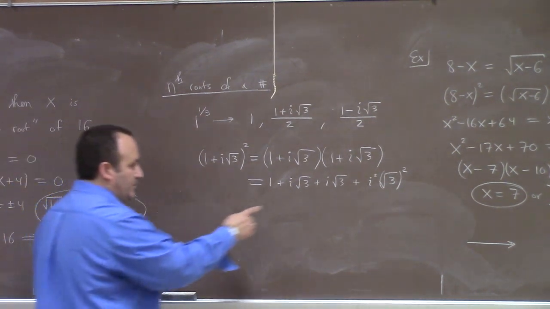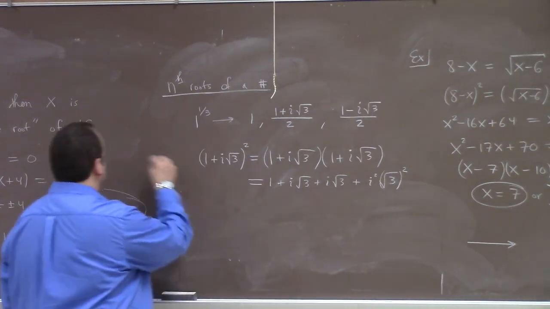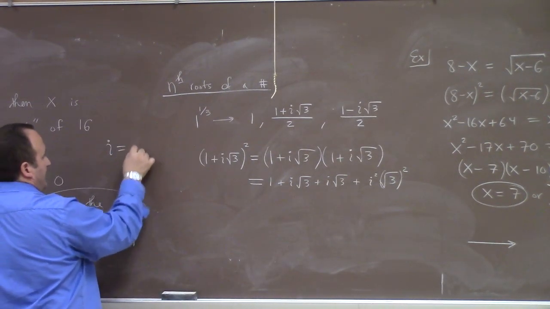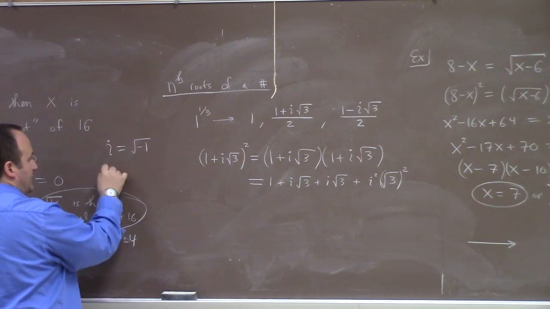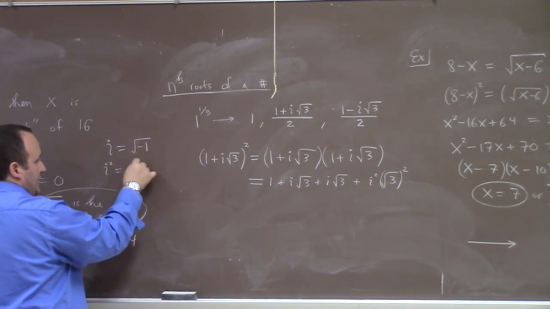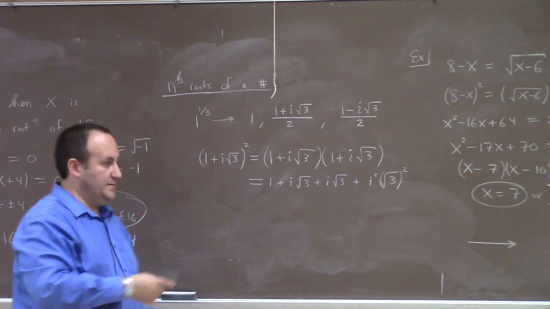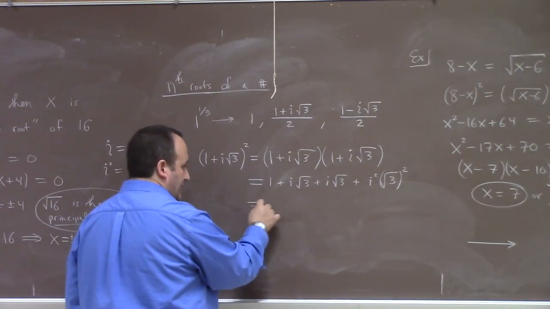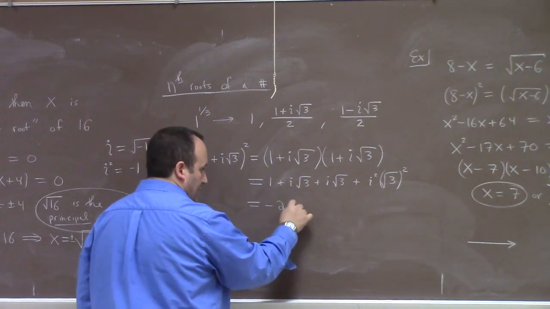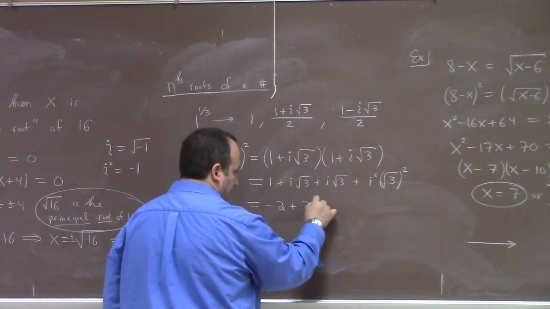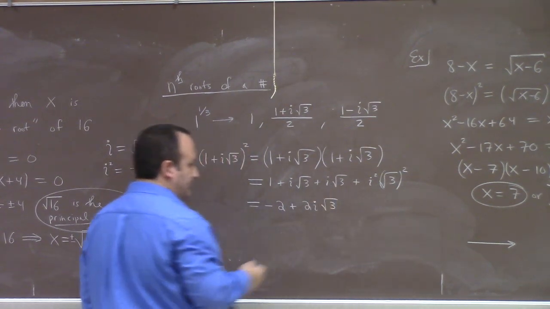So what's I squared? Well, I didn't tell you this yet, but I is the square root of minus 1. So I squared is minus 1. So this last term is actually minus 3. And what we've got is minus 2 plus 2I times the square root of 3. All right?